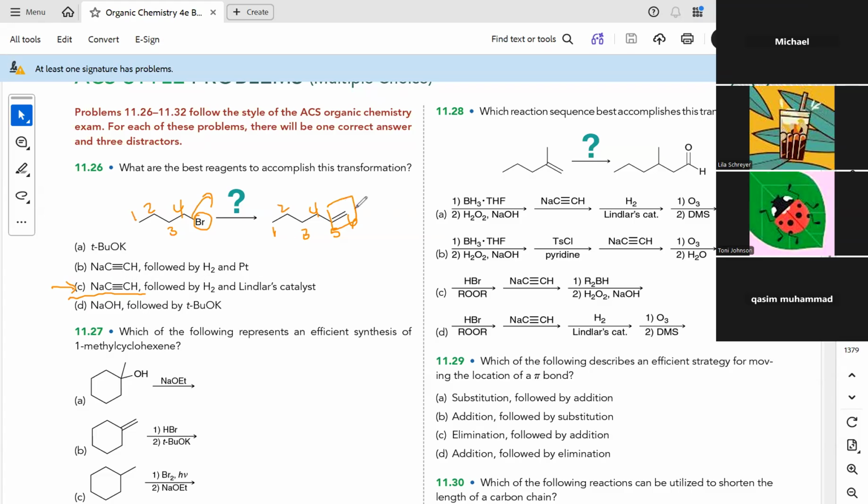Then since we don't want to fully reduce this to an alkane, we wouldn't use H2 and platinum catalyst, but we could use H2 and Lindlar's catalyst. This was back in chapter 8, where we end up with an alkene product instead of fully hydrogenating to an alkane.